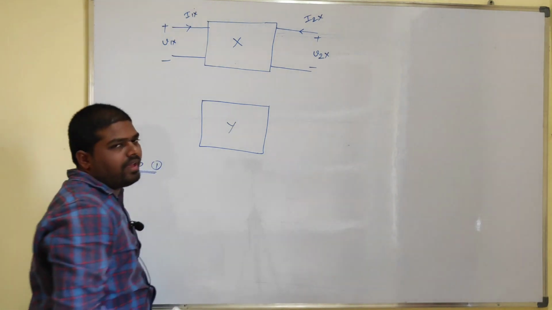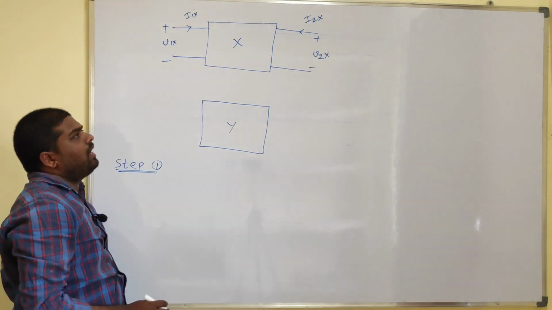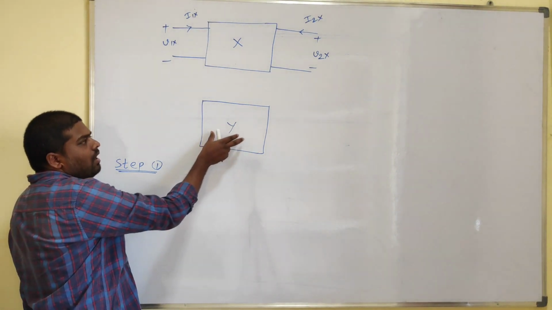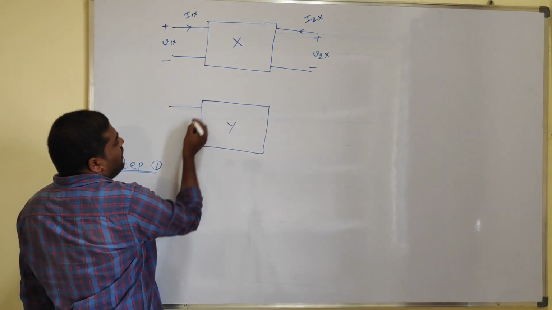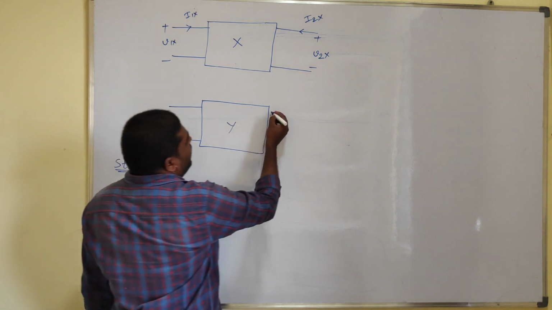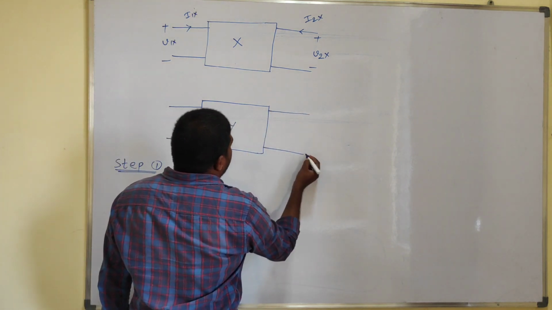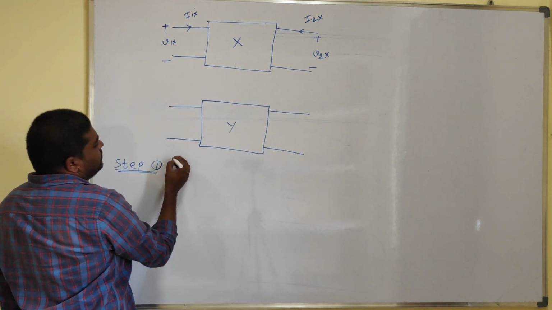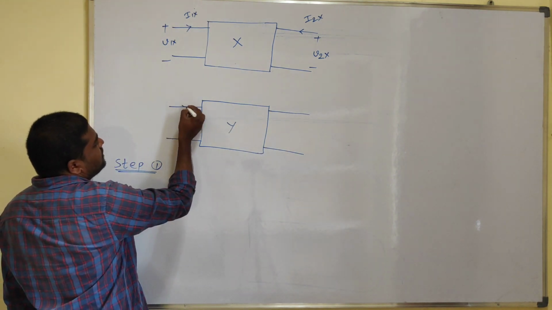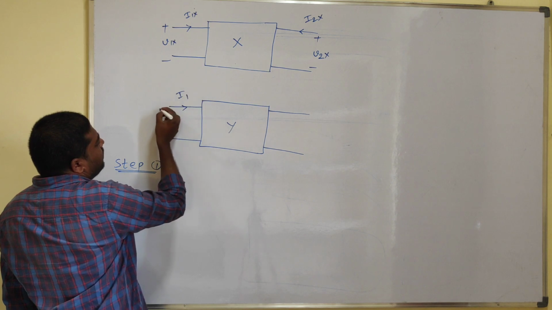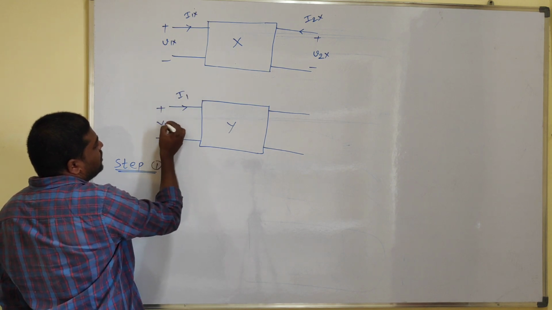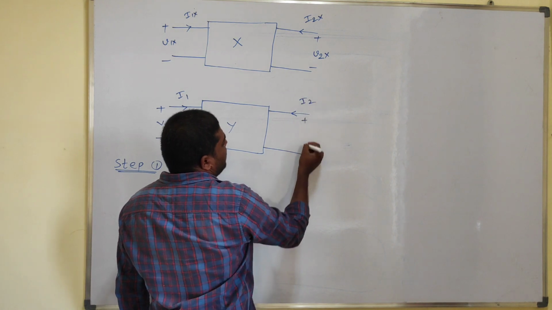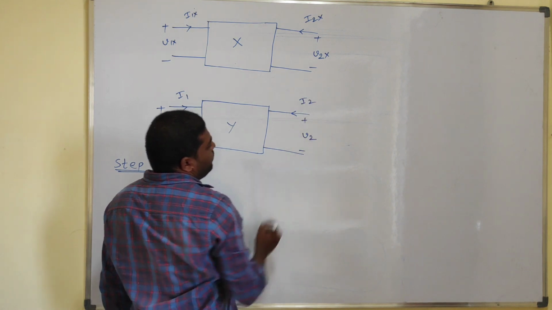These are the four variables for the X two-port network. Similarly you can define four variables for the Y network. Here also we have two terminals, port 1 and port 2. Here the current is I1 and the voltage is V1, and here the current variable is I2 and the voltage variable is V2.